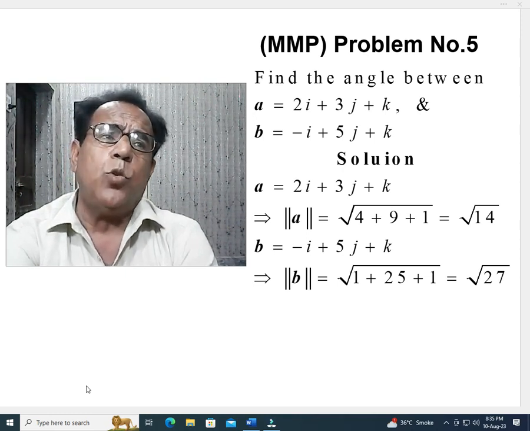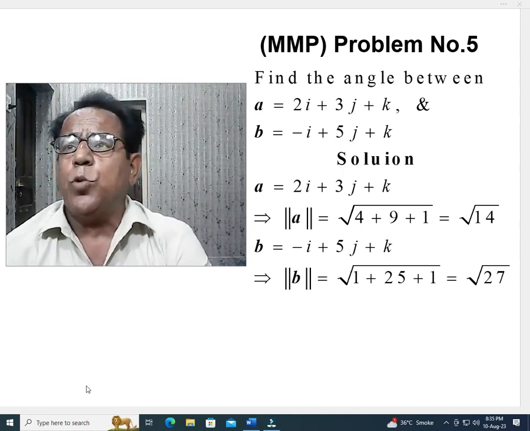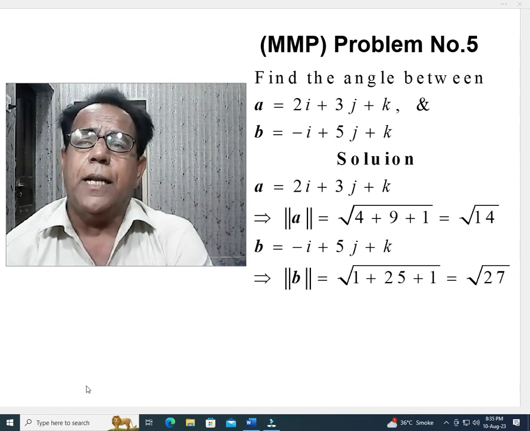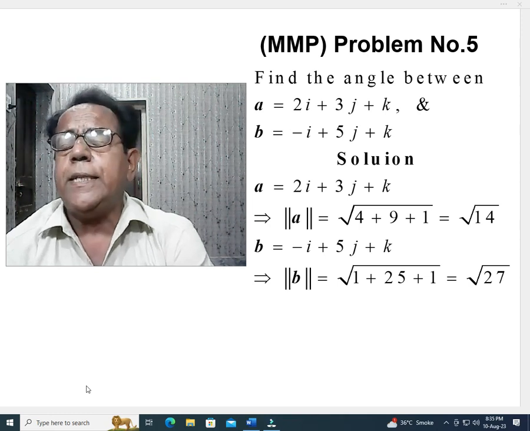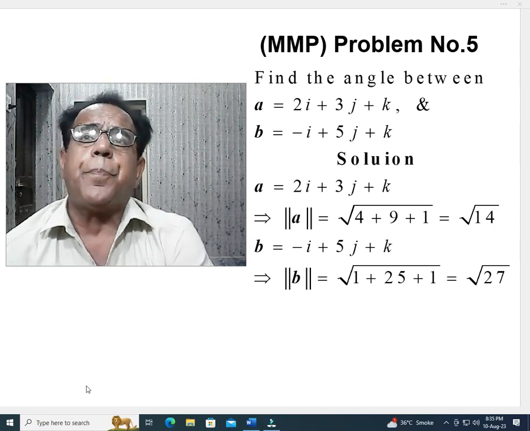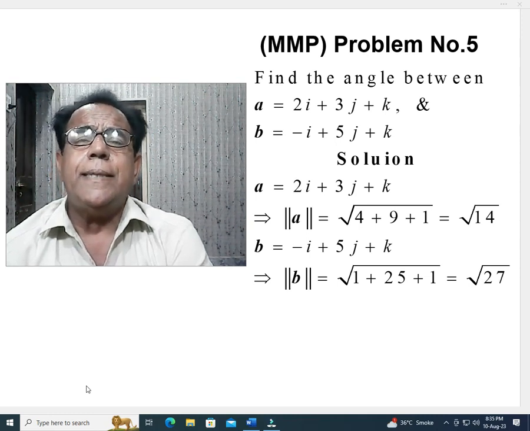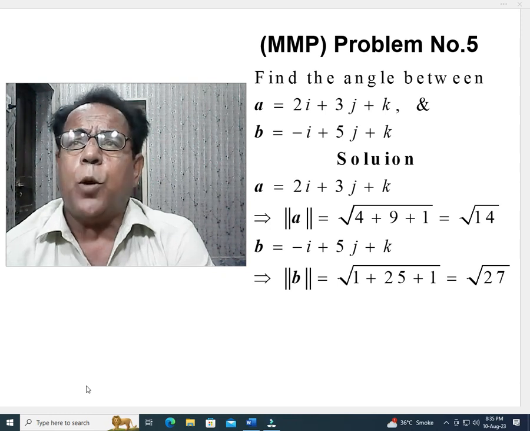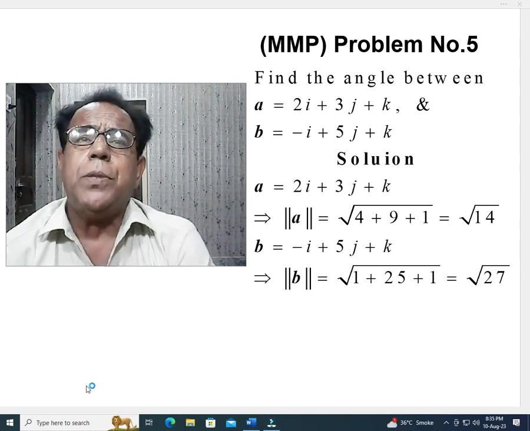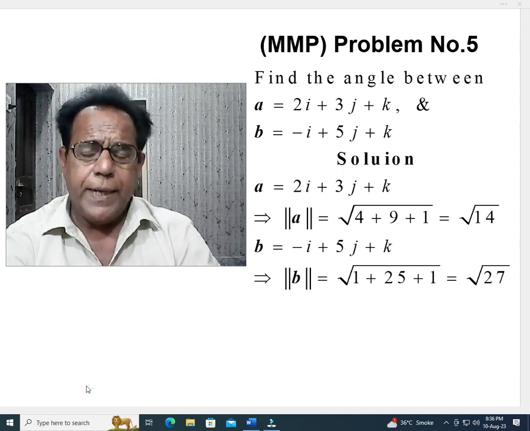All those 4 problems had been taken from the book Advanced Engineering Mathematics by Dennis G. Zill. In this video, we are going to solve a further 5 problems on vectors. As in the previous video, all these 5 problems have once again been taken from the same book, Advanced Engineering Mathematics by Dennis G. Zill.